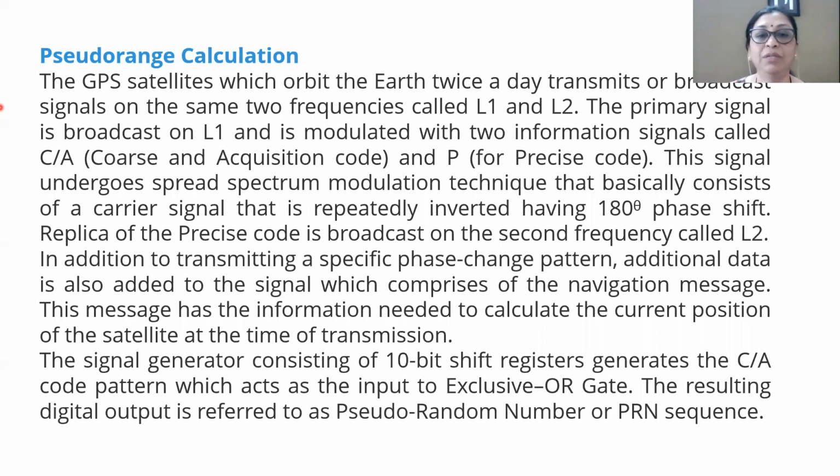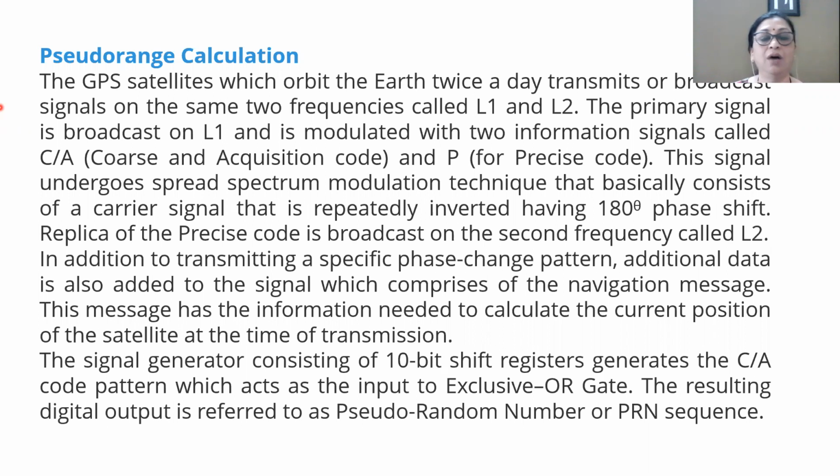One type is called the coarse and acquisition code, which is a rough estimation, and the other is the P or precise code, which is precise calculation. These two information signals will undergo spread spectrum modulation.